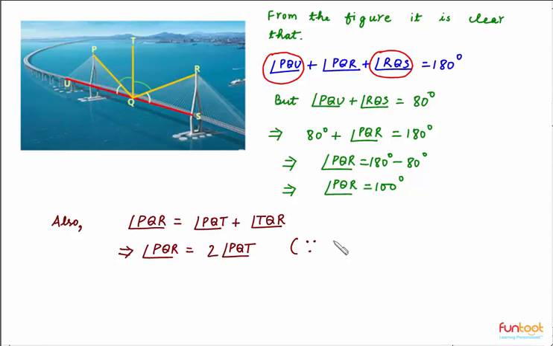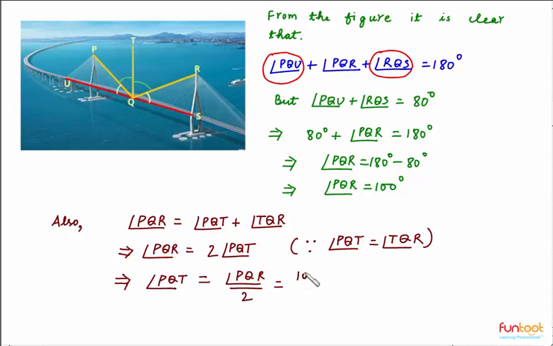Reason is because angle PQT is equal to angle TQR. So this implies that angle PQT is equal to angle PQR by 2, that is equal to angle PQR we have found out as 100 degrees. So 100 degrees by 2 is equal to 50 degrees. So this angle we have calculated as 50 degrees.